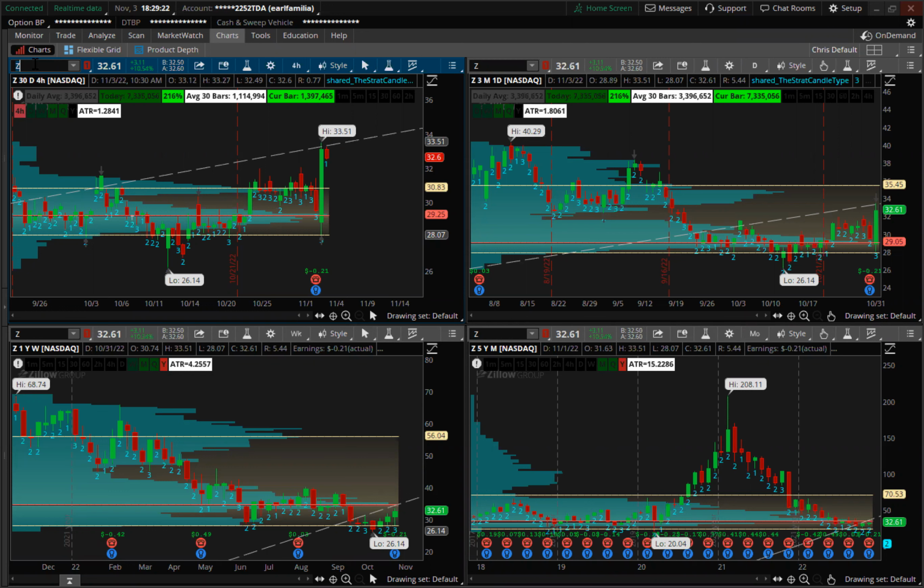With the outside up candles, we do understand that there is going to be bearish activity that comes from it. But we had so much strength in this candle right here. 10.5% move today on Zillow. I'll be interested to see how much corrective activity it does, or if any at all on this one.